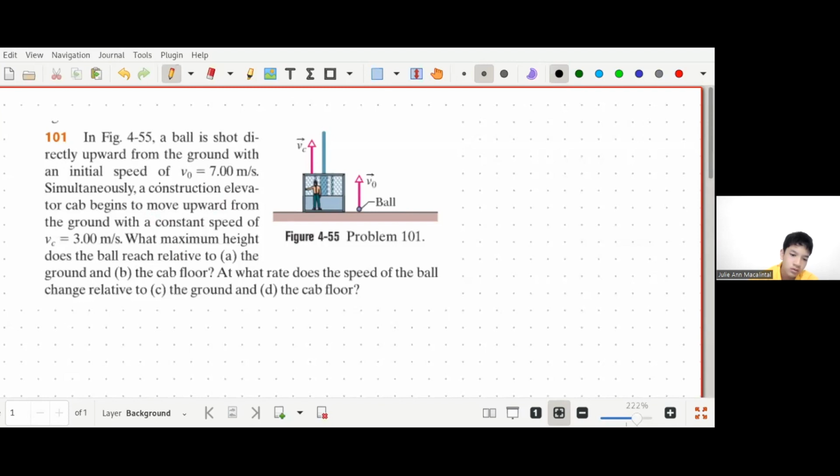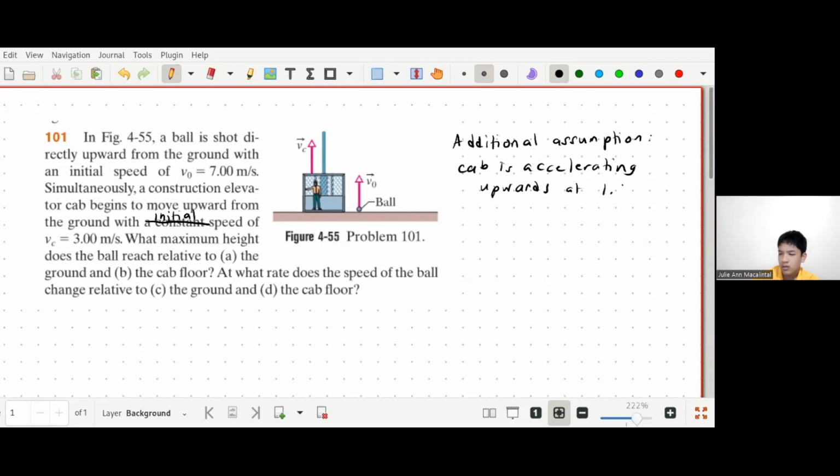So I'm going to change this to with initial speed, and then additional assumption here is the cab is accelerating upwards at 1.0 meter per second square.